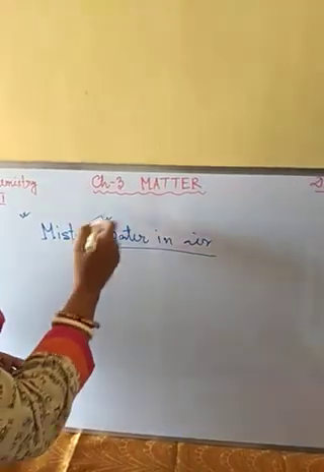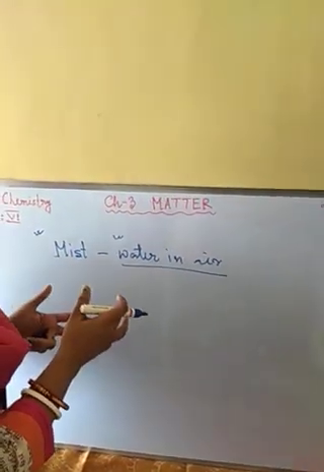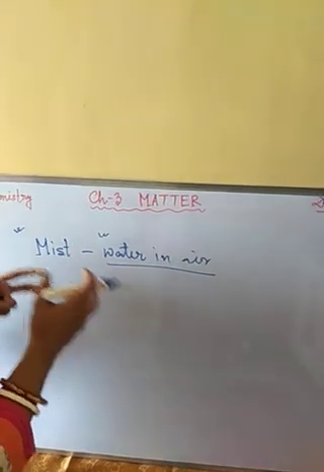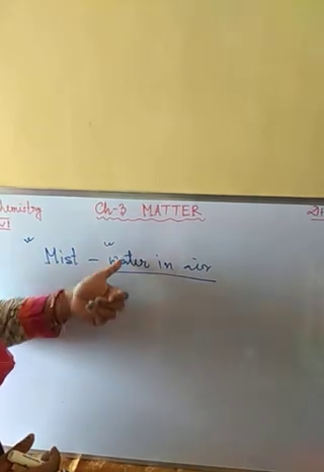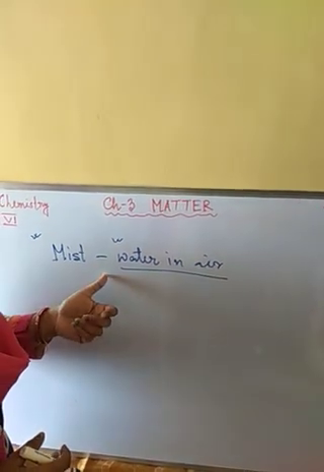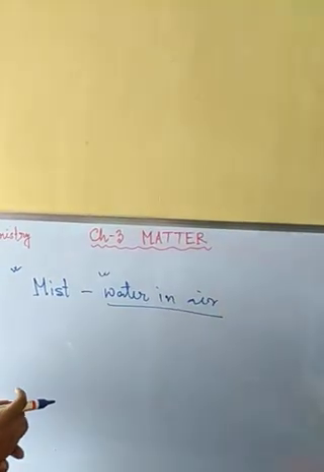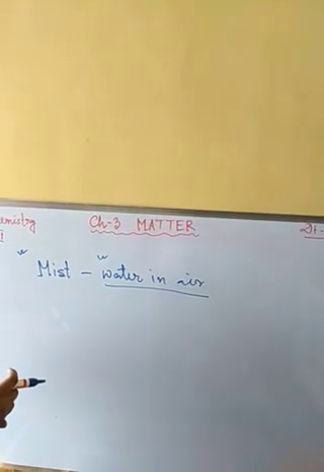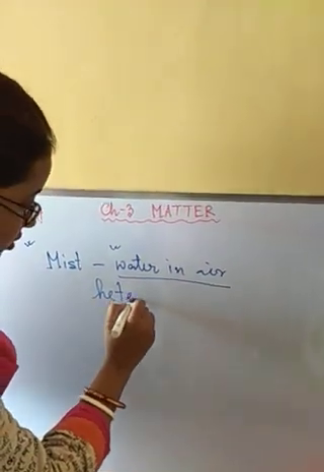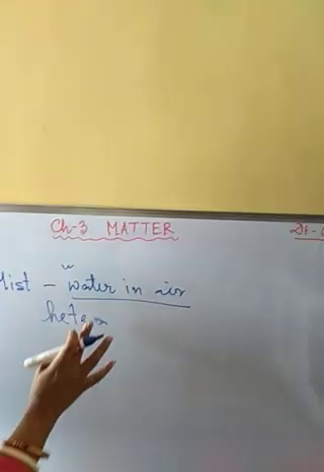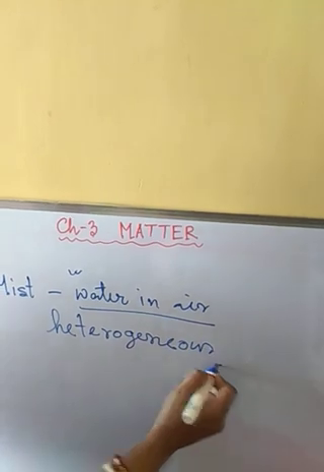And the water particles can be seen separately in air, in mist we will say. And as the composition of the particles suspended in air is not uniform throughout its volume, mist also will be a heterogeneous solution.